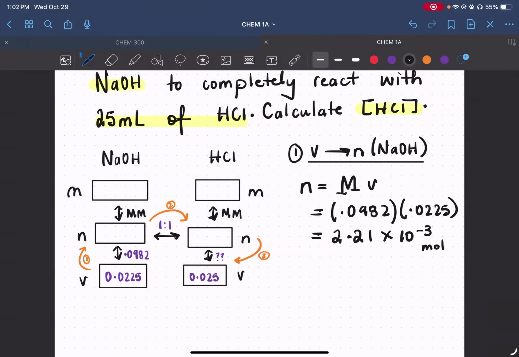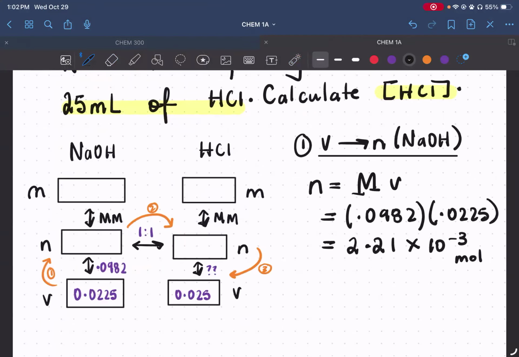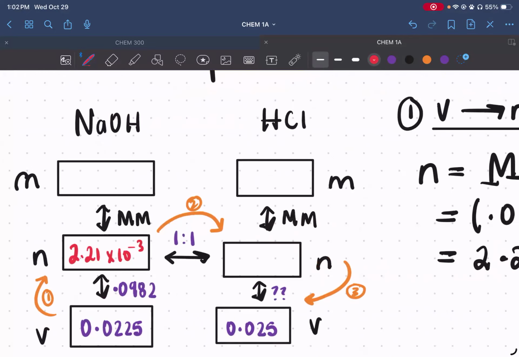Mole. We, of course, can immediately write this number in, 2.21 times 10 to the negative 3. This is a very simple ratio, 1 to 1, so we can immediately write that number back.